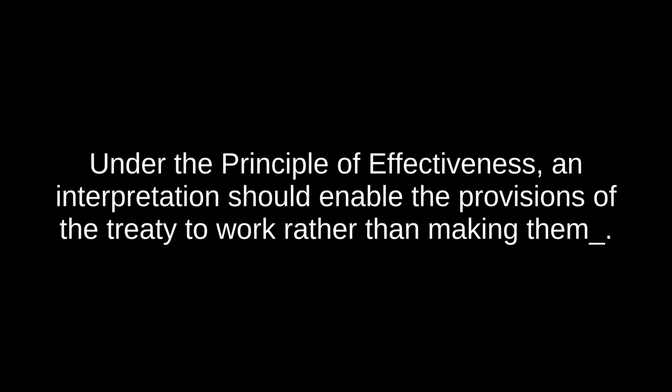The principle of effectiveness requires that a treaty be interpreted in a way that renders it most effective and useful. Under the principle of effectiveness, an interpretation should enable the provisions of the treaty to work rather than making them void.